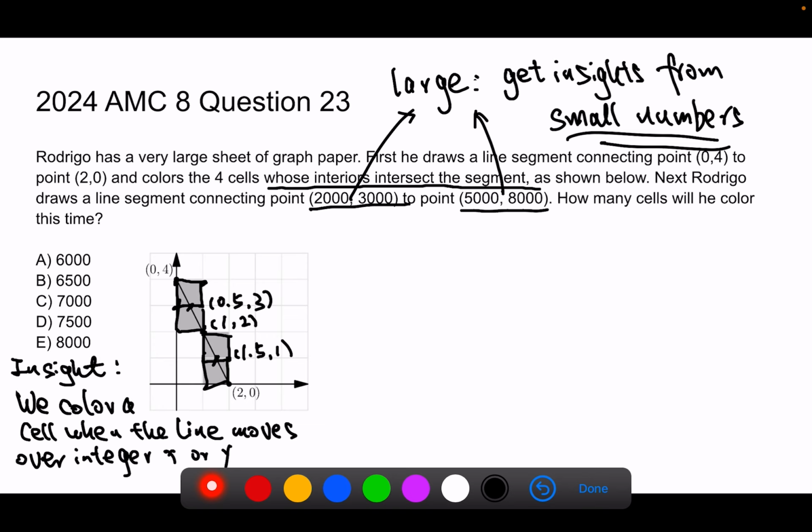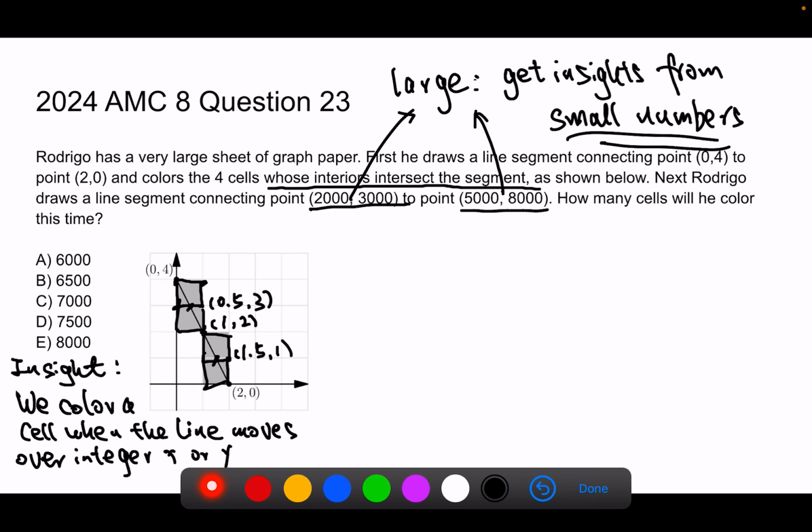When we draw the picture, you can tell we start from (0, 4). Oh, it's an integer x and y. Continue moving on, you're going to get into a new cell, so you're going to color a cell. Then you reach (0.5, 3). Y is an integer. You move over it, meaning you go through it. Now you go through a second cell, so you color another one. Altogether, you get four cells colored.